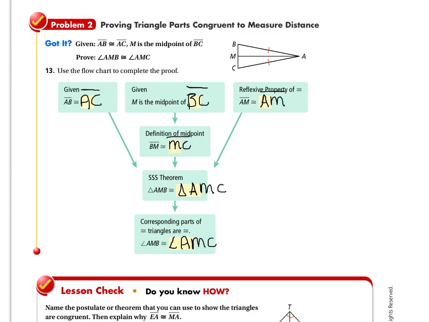And notice they are named the same way. Remember, that's part of our congruence that we talked about in section 1. Therefore, angle AMB is congruent to angle AMC because they're corresponding parts. Both triangles are congruent, therefore all the sides and all the angles are congruent.